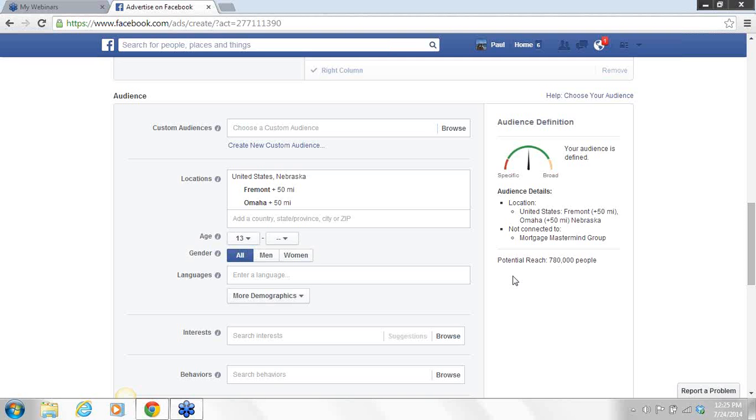I'm not saying always, but usually it is women that do not include their birth date on their Facebook profile. They don't want everybody to know how old they are. So they elected to not include that information in their profile.